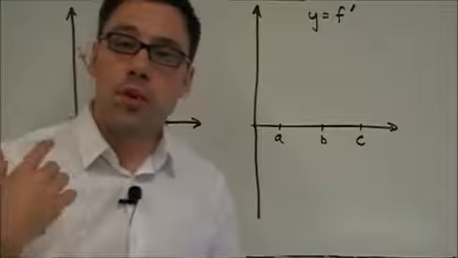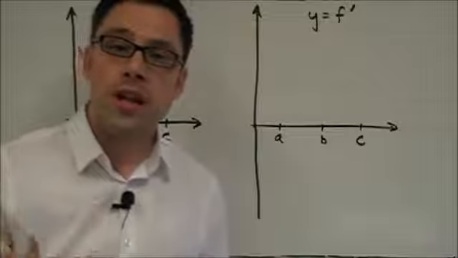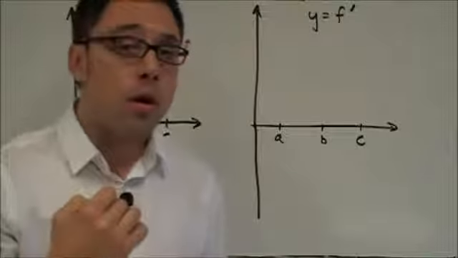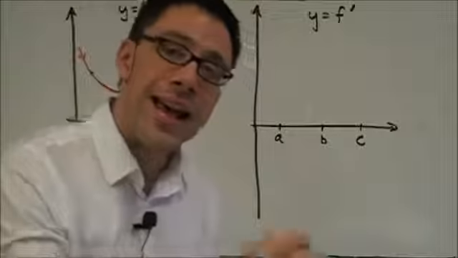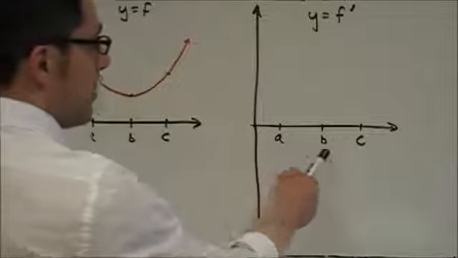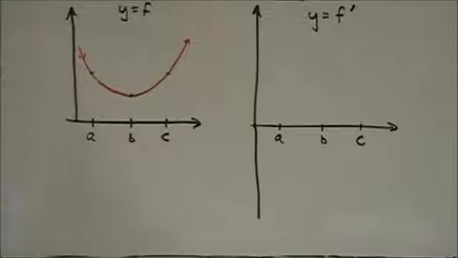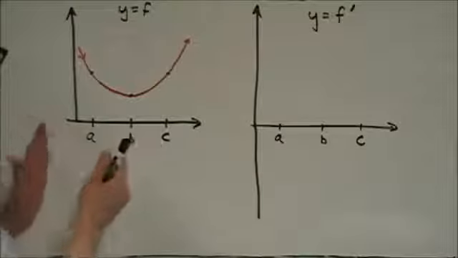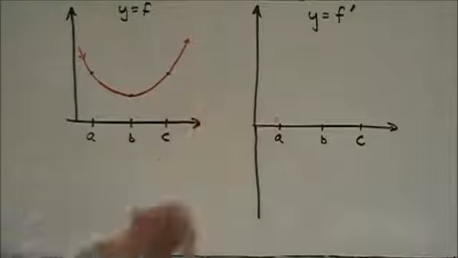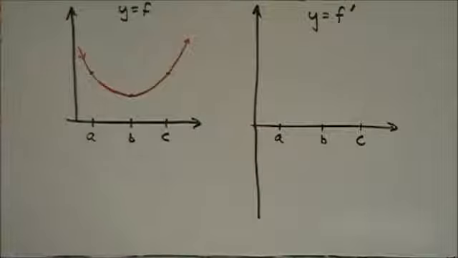And remember that derivative really means the instantaneous rate of change of the function or the slope of the tangent line at that point. Okay? And notice I've also labeled A, B, and C. So these are supposed to indicate the exact same points, A, B, and C.